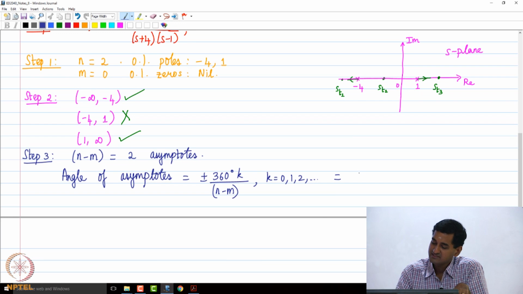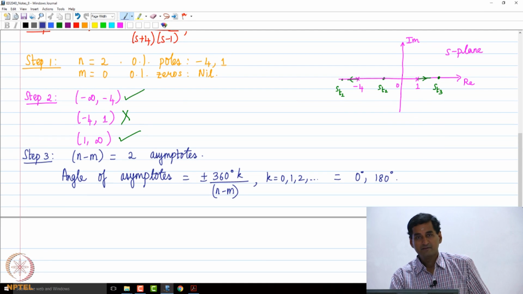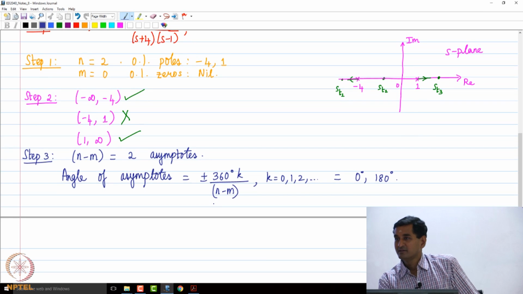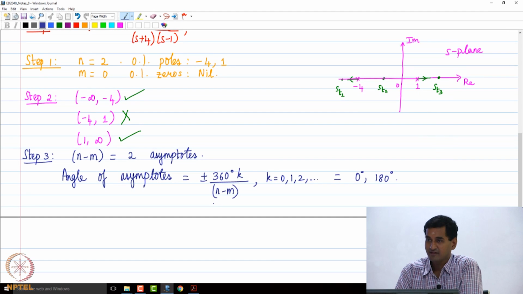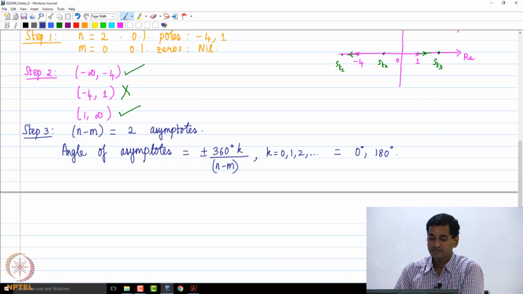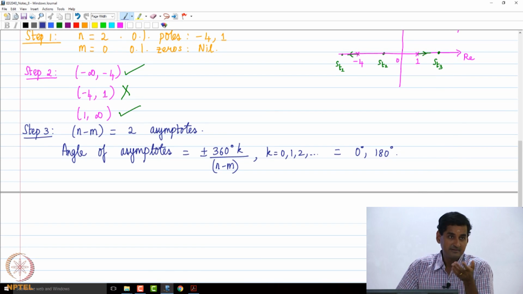In this case, since n minus m is 2, you can write the solution as 0 degrees and 180 degrees. So those are the angles made by the asymptotes with the real axis.